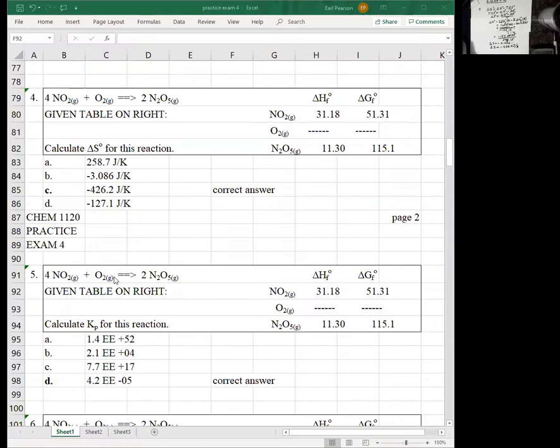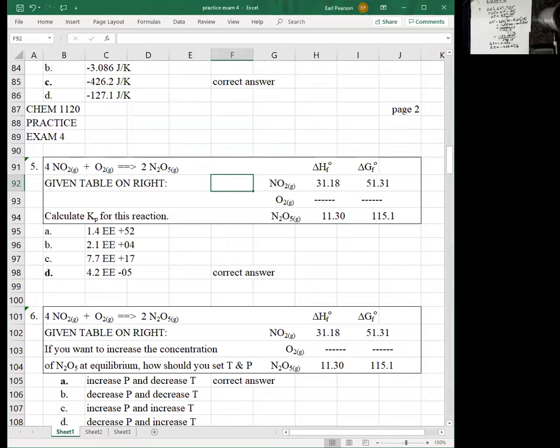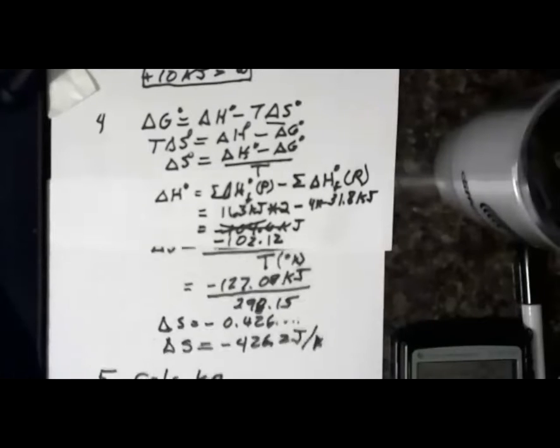Okay, now we're ready to do number 5. And number 5, we're to calculate Kp for the reaction. So number 5 is calculate Kp. Okay, so let's go back and take a look at the pad.